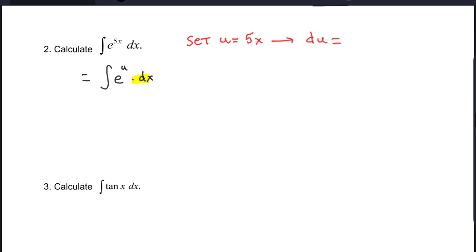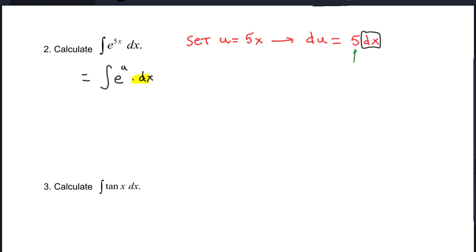Take the derivative of 5x, we're going to get 5 dx. And there it is. There is a relationship for dx that will allow me to substitute out dx and put in du's. But it's not a perfect replacement, because I have this extra factor of 5.